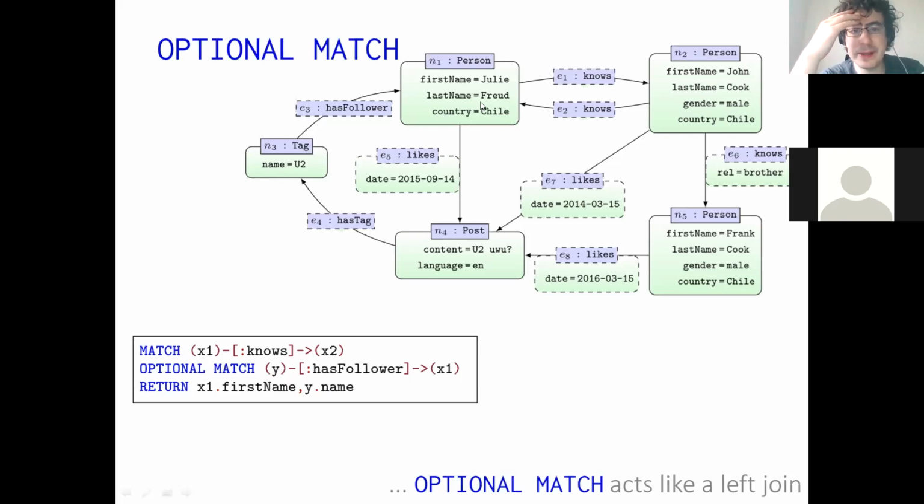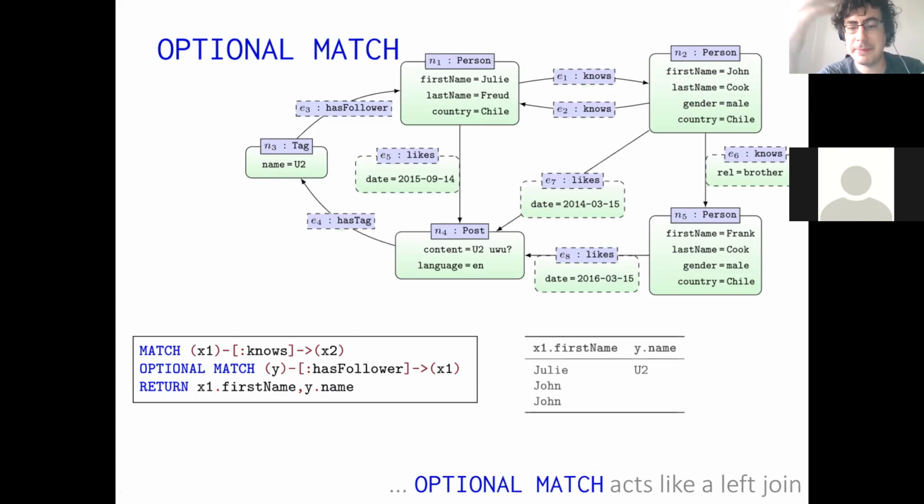So, for example, Julie knows John, so Julie would be X1. And Julie happens to have a follower, so we'll return that as well. In this case, John knows Frank, but John has no follower. However, we'll still return John and leave the follower name empty, right?